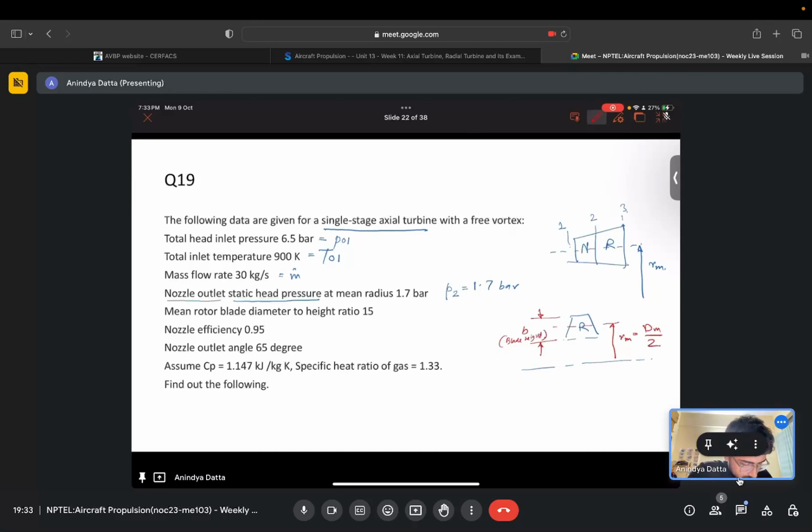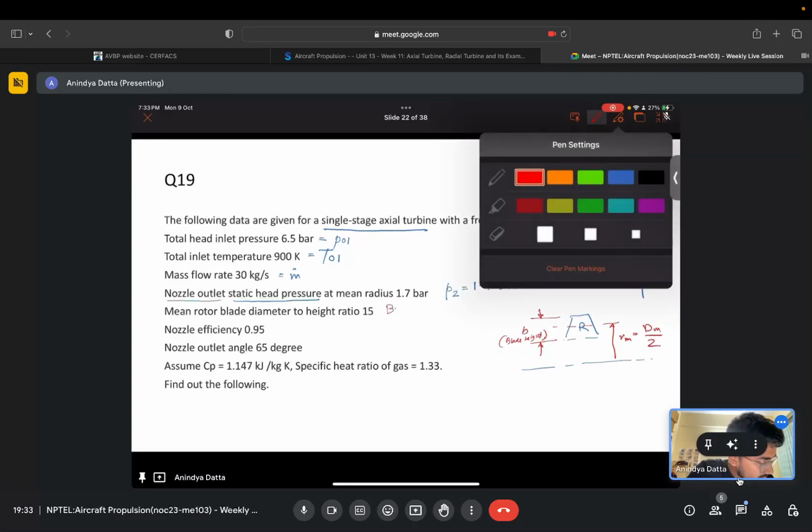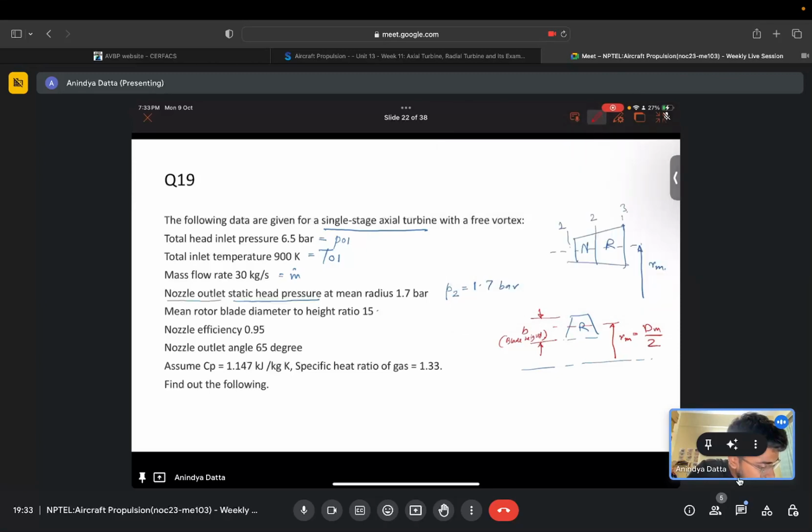Okay, so what it says is that this 15 is equal to dm by b. Okay, the mean rotor blade diameter, this is dm, to height ratio.